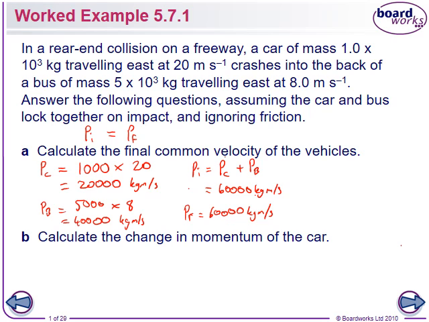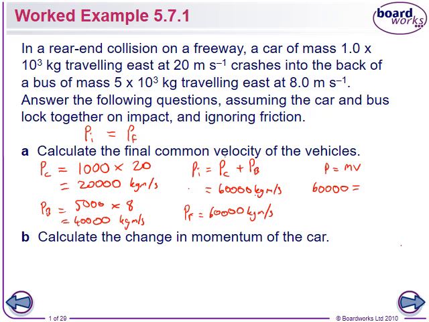So, from our formula again, our momentum is equal to mass times velocity. Now, if we're looking at our final momentum, we know that 60,000 is going to be equal to the mass times the velocity of the car and the bus joined together. So what's our mass going to be afterwards? 6,000. Our car and our bus have become joined together. So the mass of the car-bus combo is 6,000.